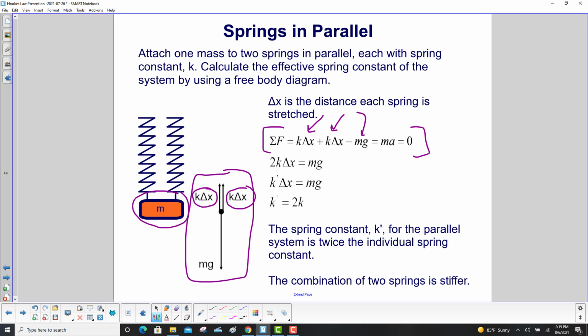And we're going to replace that 2k with k prime. That's going to be our new spring constant of the combined system, and k prime is equal to 2k. So the spring constant for the parallel system is twice that of the individual spring constant. The combination of two springs is stiffer.